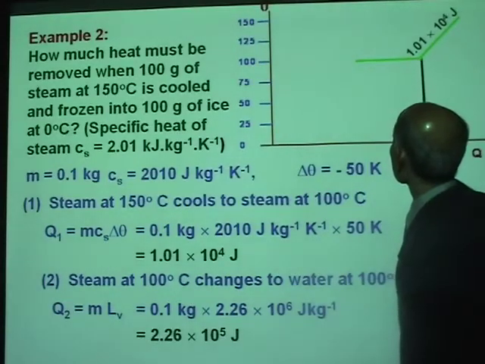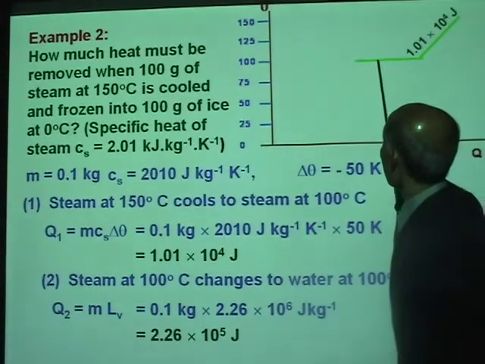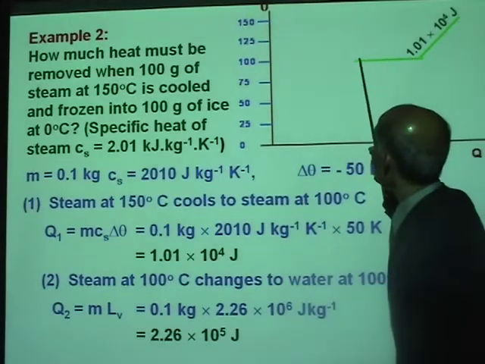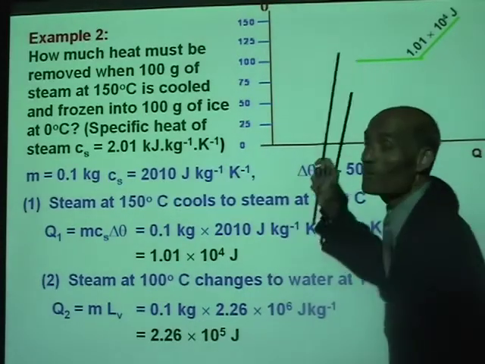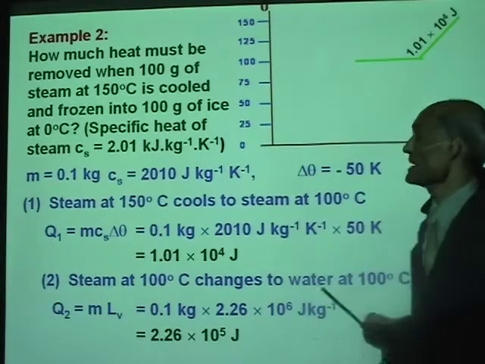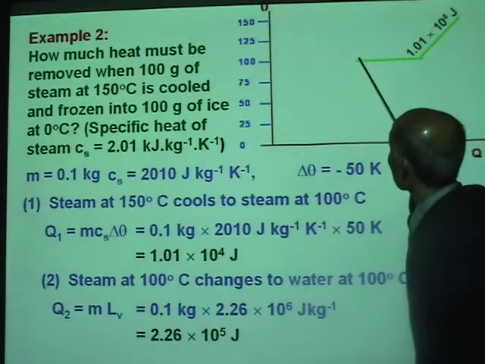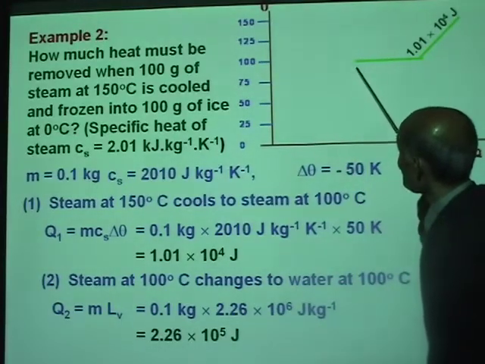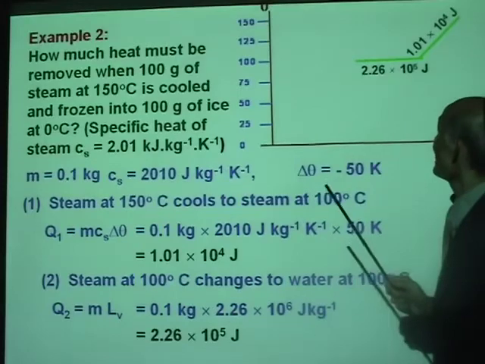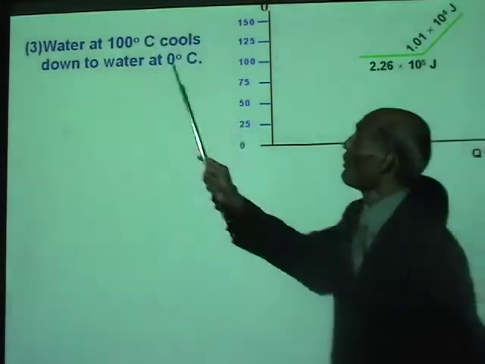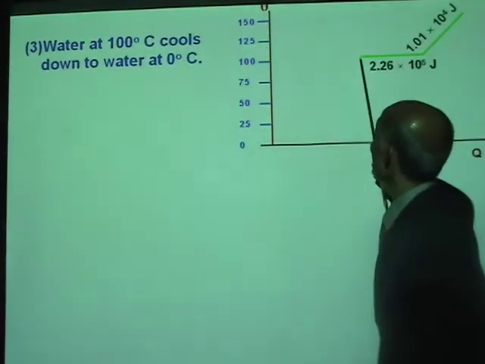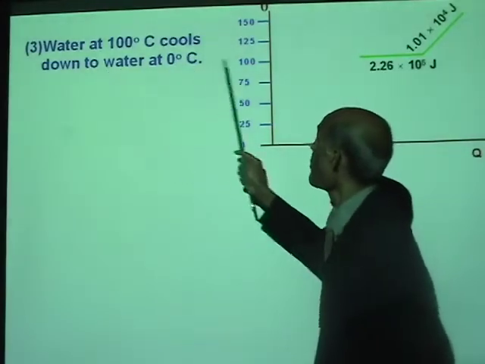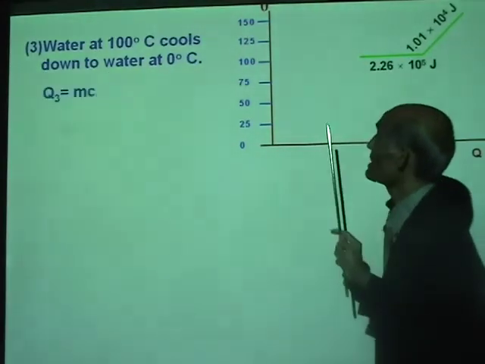All the substance here is steam, and after losing this much heat, all the substance now becomes water, a change of state. And now you have water at 100 degrees that is going to cool down to water at 0, a change in temperature. Is that right? Let's go there. Water at 100 degrees Celsius cools down to water at 0 degrees Celsius.